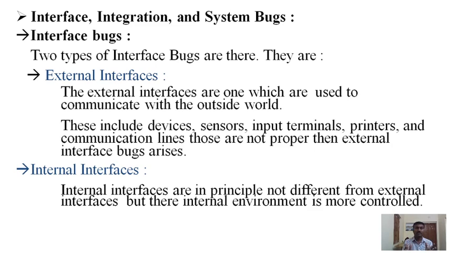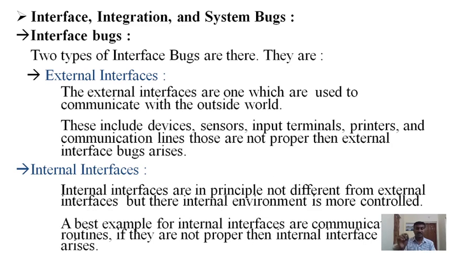For example, in your project you have two or three components. If one component wants to communicate with another component, you require an internal interface between them. If this interface does not work properly, there is a chance of internal interface bugs. So in interface bugs we have two types: external interface bugs and internal interface bugs.